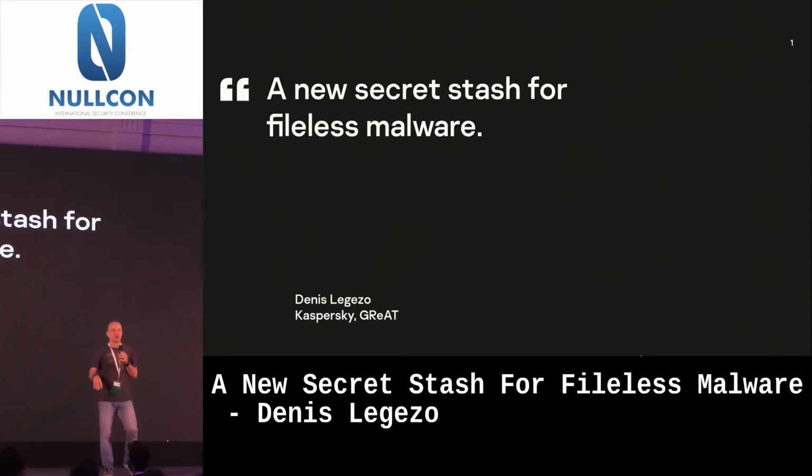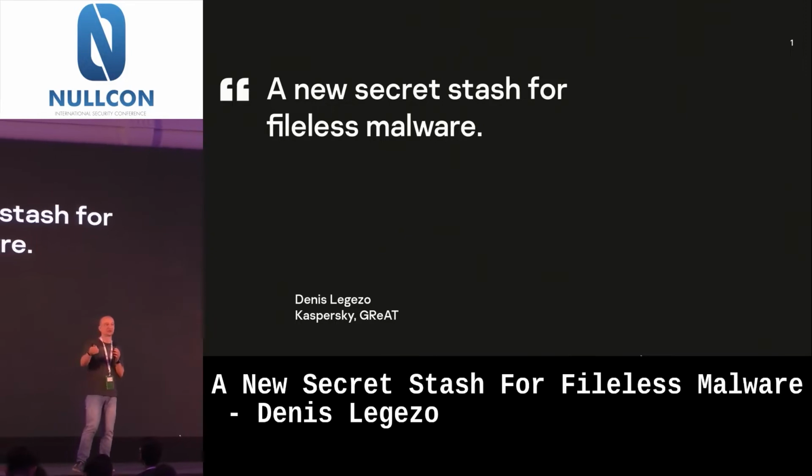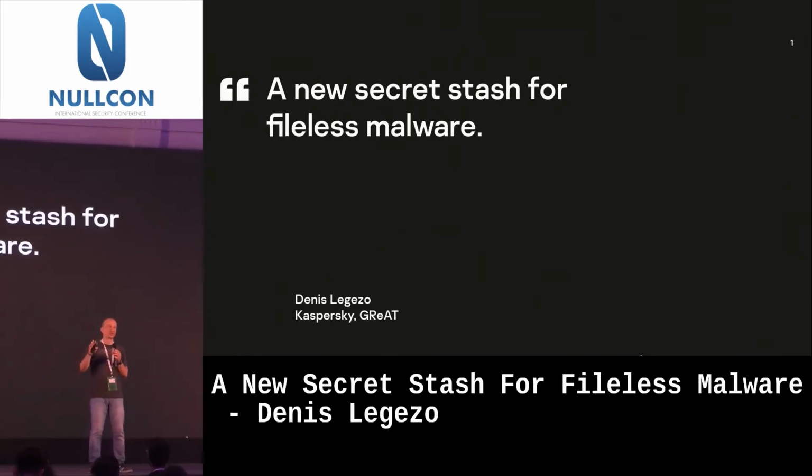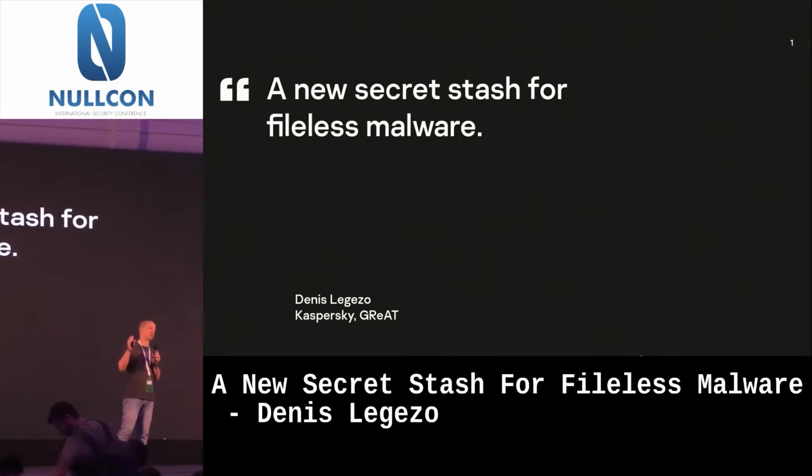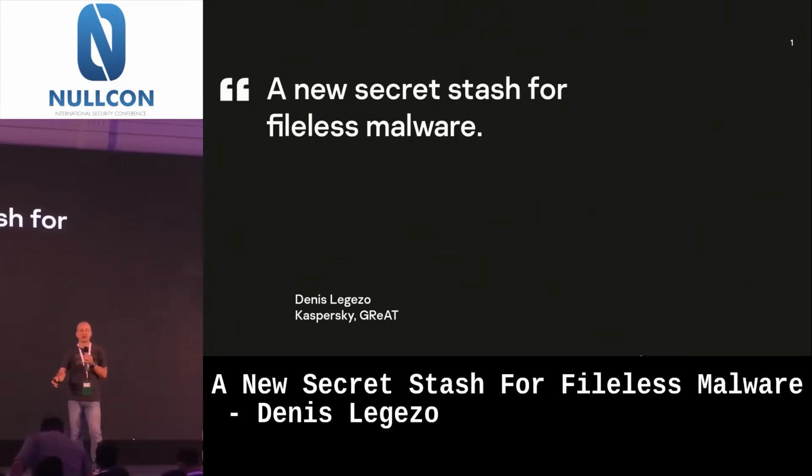So, I'm Denis, I'm with Kaspersky, specialized in threat hunting and reversing, and this year I decided to propose a topic on a new place to hide fileless malware. As you understand, fileless is just, you remember NTFS alternate data streams, right? WMI subscriptions, Windows registry-based persistence.